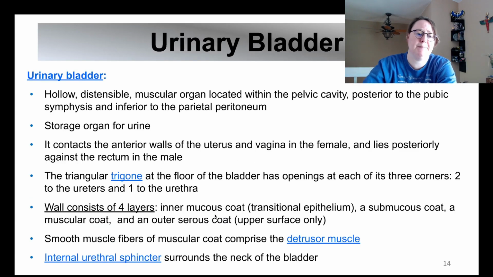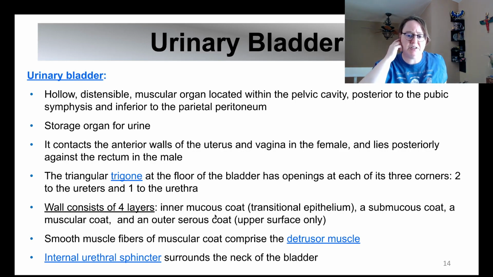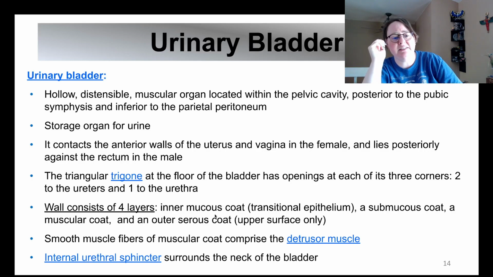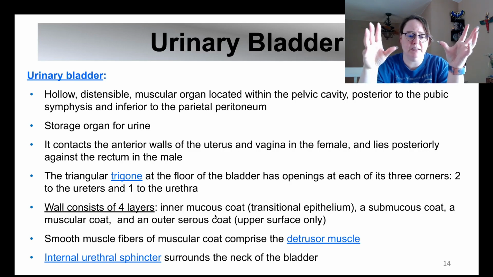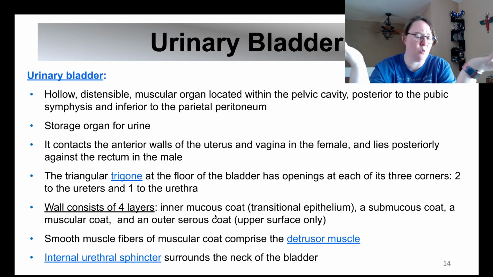Anyway, so the urinary bladder is a hollow, distensible muscular organ located within the pelvic cavity, posterior to the pubic symphysis and inferior to the parietal peritoneum. Basically, it's a storage organ for urine. It is triangular, like a trigone, which looks like an acorn to me.